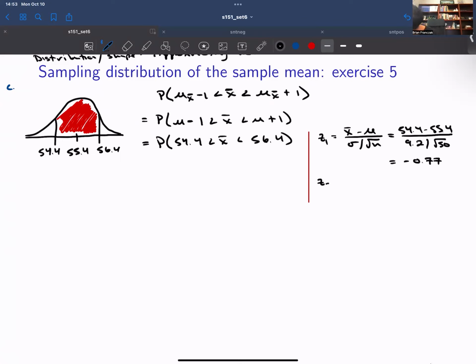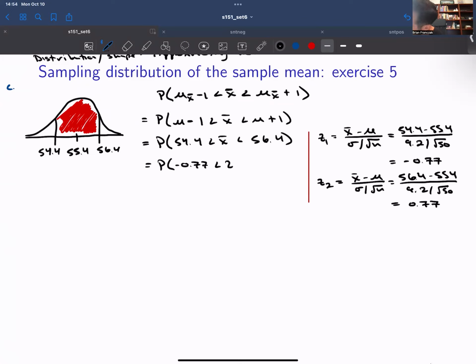And then Z2, which is the upper limit, is going to be 56.4 minus 55.4 divided by 9.2 over the square root of 50, which is positive 0.77. So this becomes the probability negative 0.77 is less than Z is less than positive 0.77. So this is the probability Z less than 0.77 minus the probability Z is less than negative 0.77.